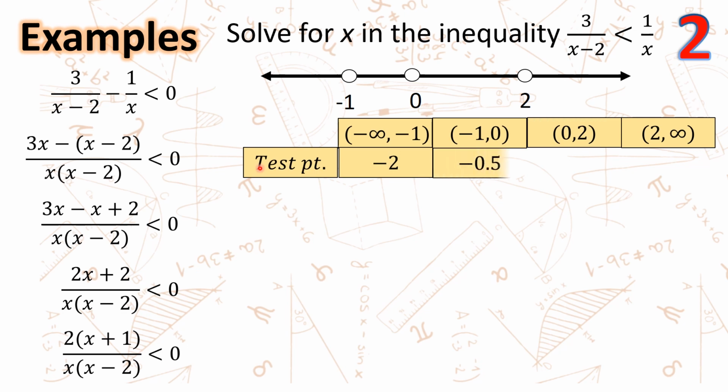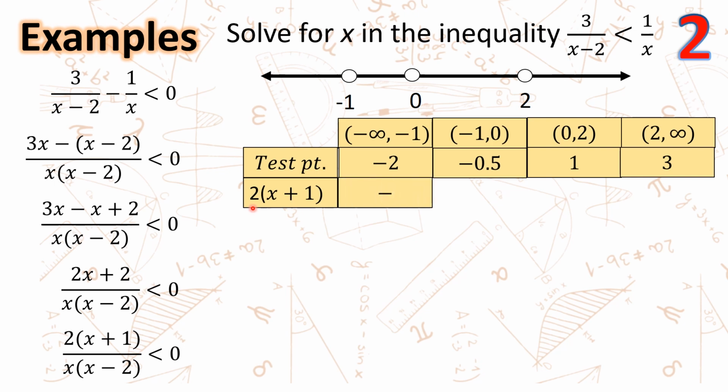At negative infinity to -1 we'll have -2. At -1 to 0 we'll have -0.5. And at interval 0 to 2 we'll have a test point 1. And at interval 2 to positive infinity we'll have 3. So for the expressions in the rational inequality, in the numerator, we have 2 times x plus 1.